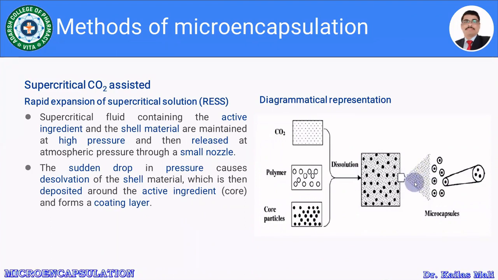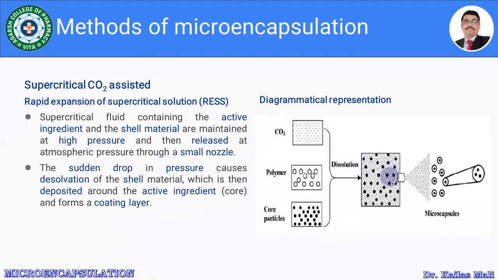So this is about the rapid expansion of supercritical solution, that is the RESS method. In the RESS method, the supercritical fluid containing the active ingredient and the shell material is maintained at a high pressure and then released at atmospheric pressure through the nozzle.